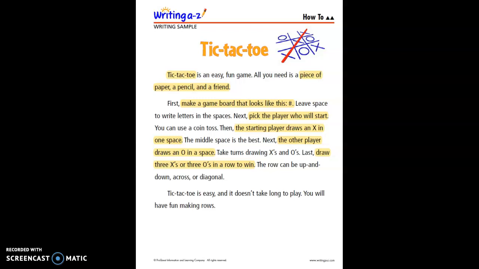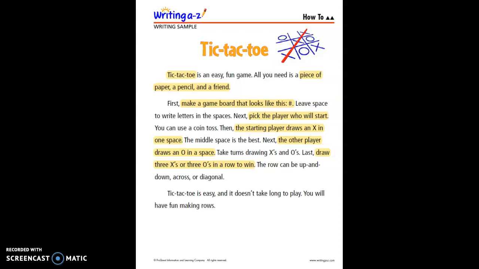Okay, so again, here are a few questions that will help you think about the characteristics of a how-to essay. For example, number 1, what is taught in the how-to writing sample? You have to come up with a topic. What are you going to teach someone how to do? What materials are needed? Be sure to be very clear about what they need to complete that task.